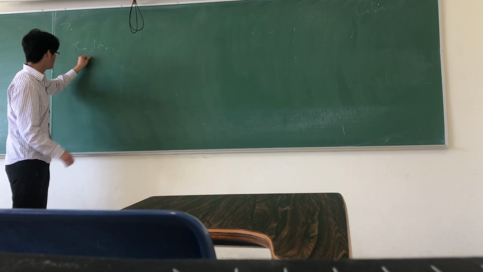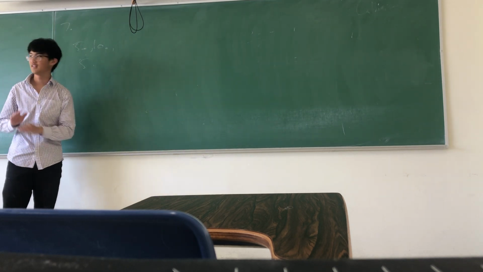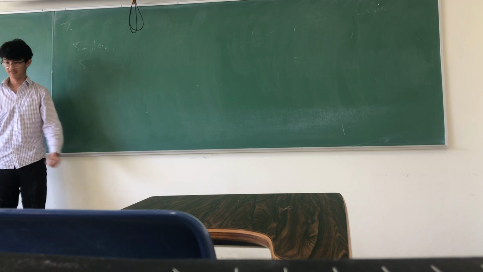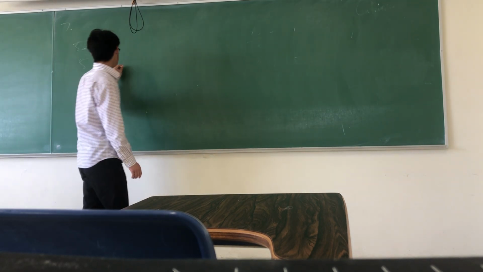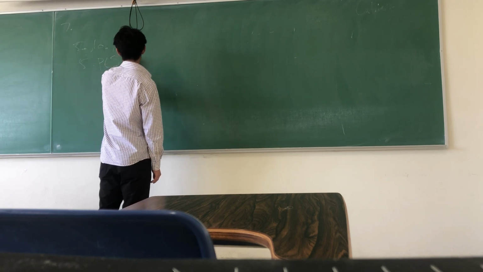Okay, so problem 5, we're given a perceptron that is fixed. So this is just inference. The weights are fixed, and we have some data set S, and then we do a permutation on S to get S prime.